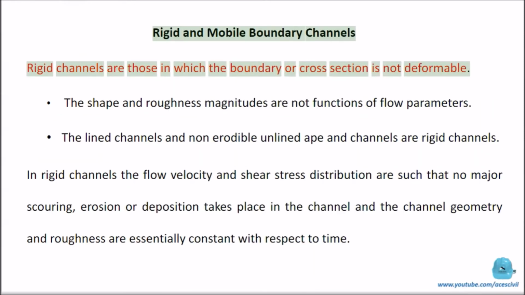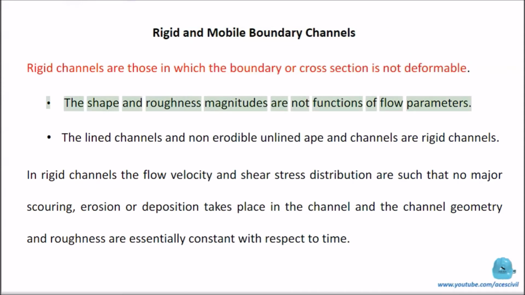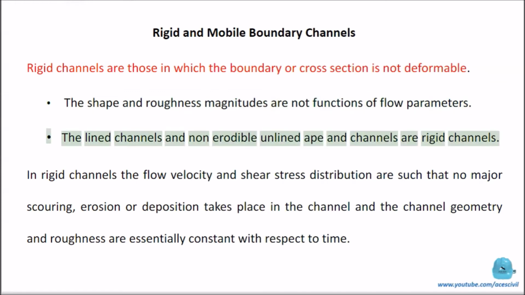Rigid and mobile boundary channels. Rigid channels are those in which the boundary or cross-section is not deformable. The shape and roughness magnitudes are not functions of flow parameters. The lined channels and non-erodible unlined channels are rigid channels.